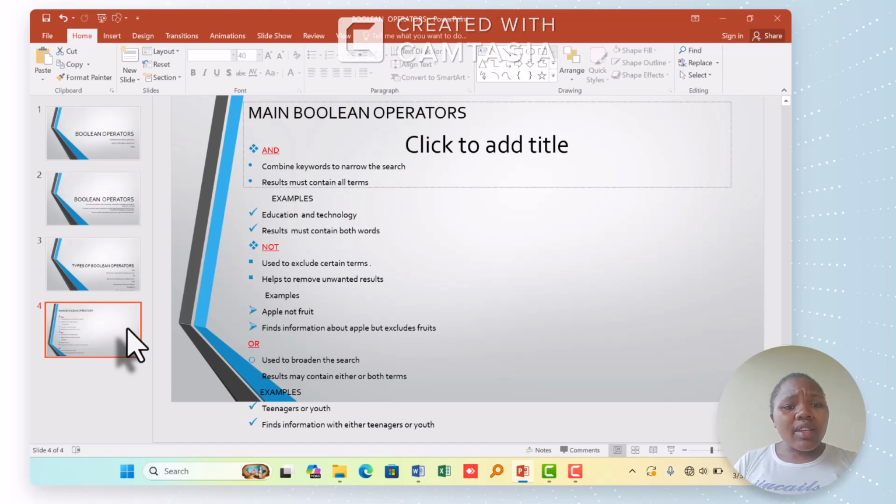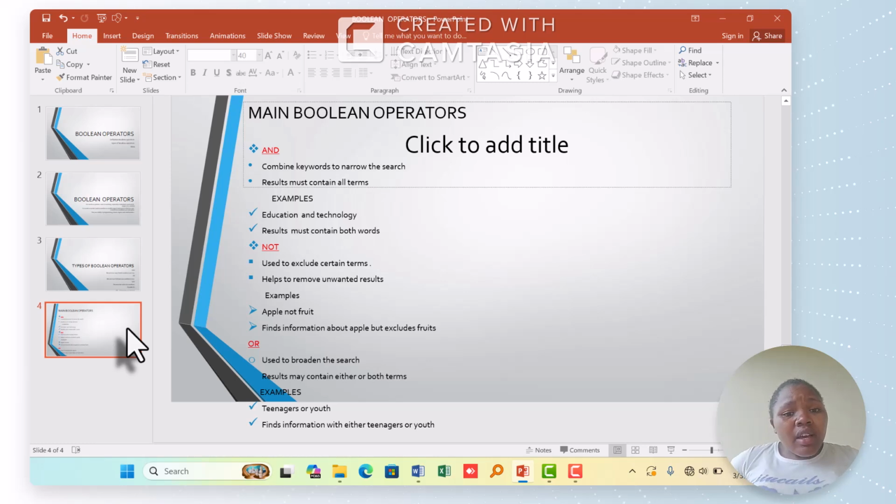So we see that and combines keywords to narrow the search. Instead of giving us two statements in your search work, you can just combine the two words using and. Results must contain all the terms. Then we see the first example of and.